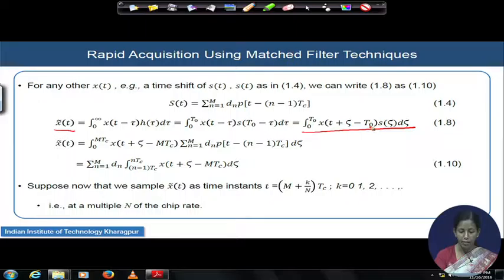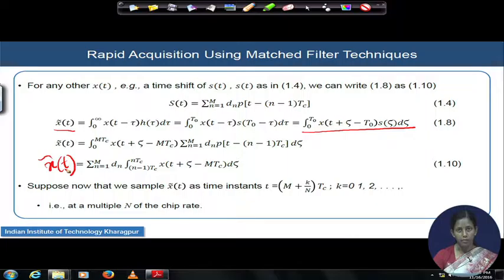Remember, here instead of t0 we have substituted capital M into Tc, and that is why the integration runs from 0 to capital M into Tc. Once we bring the integration inside, as the addition is there, the output is outside, so this integration is sufficient to run over one chip interval. Now this is the output of the matched filter in our case of interest.